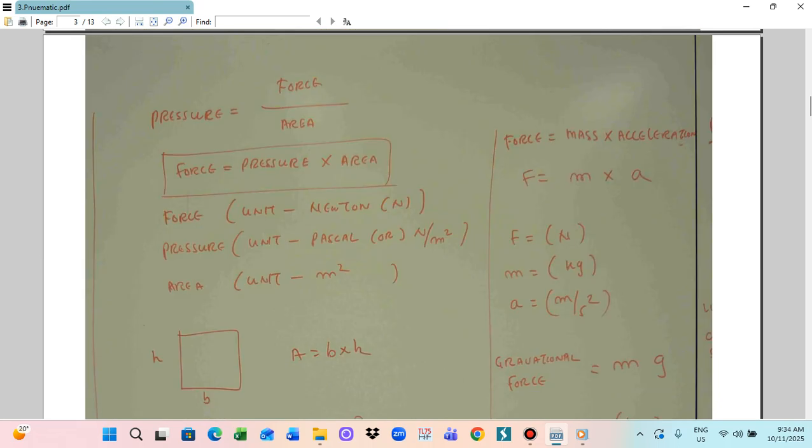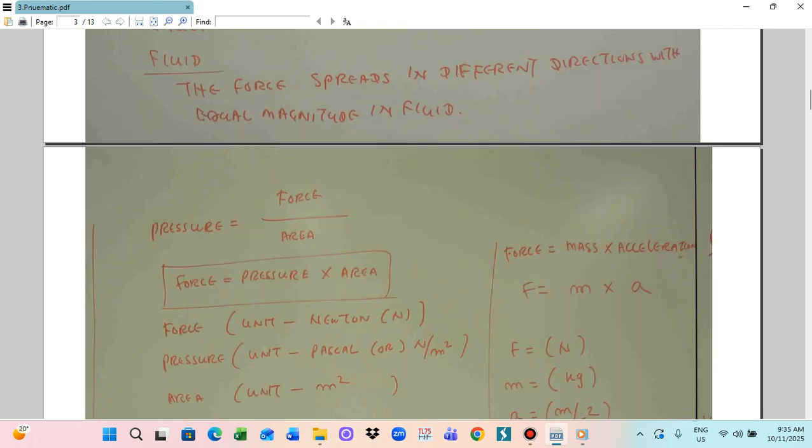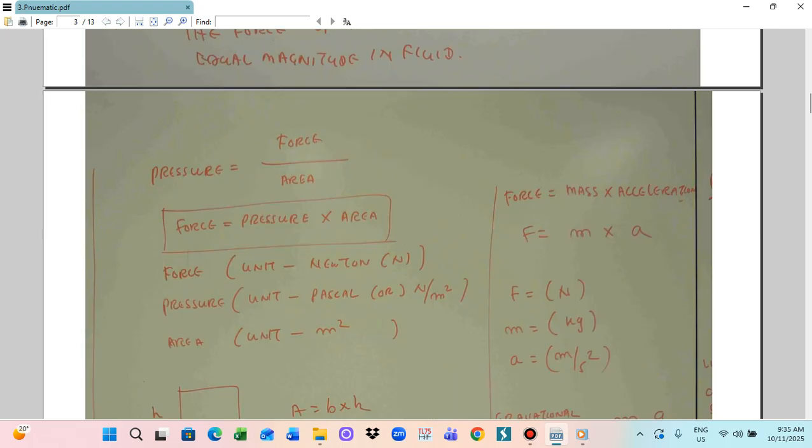So we utilize Pascal's law in the industrial pneumatic control system. Because of this, the forces, whether air pressure, water pressure, or any hydraulic pressure, need to be measured. So firstly we have to find the pressure and area.